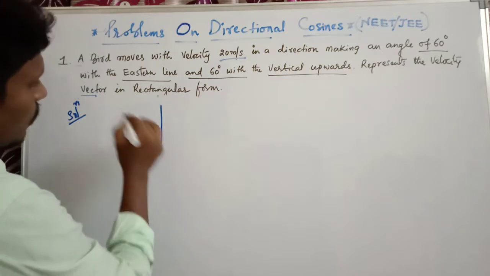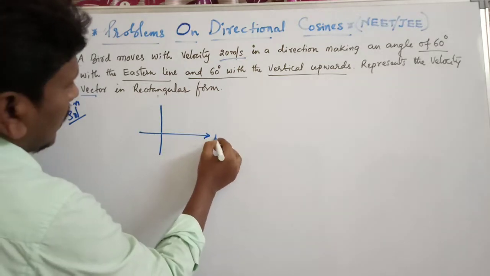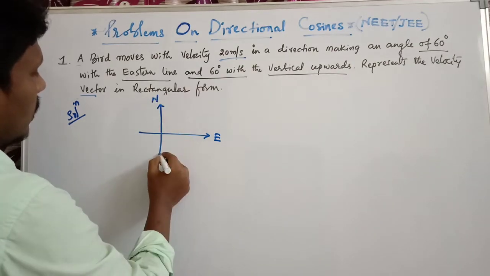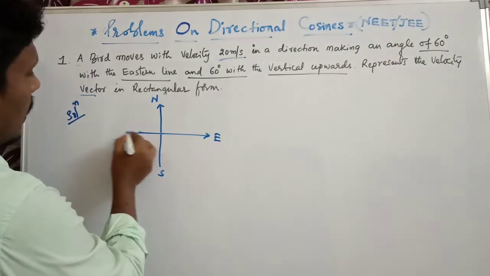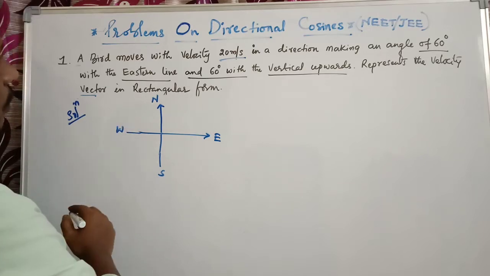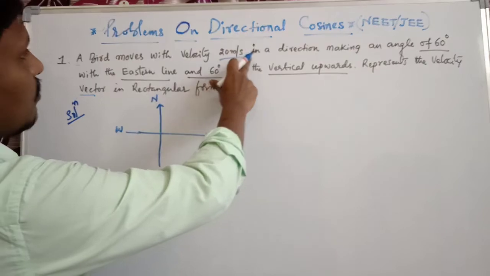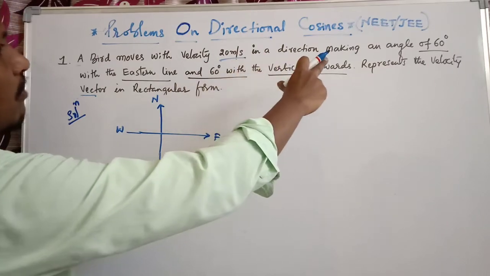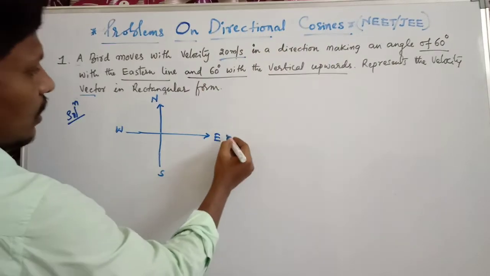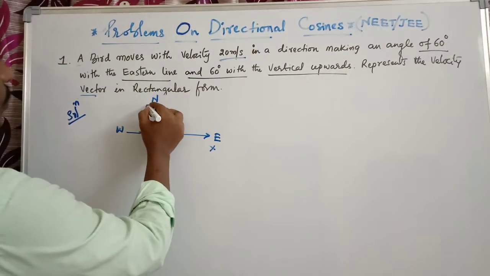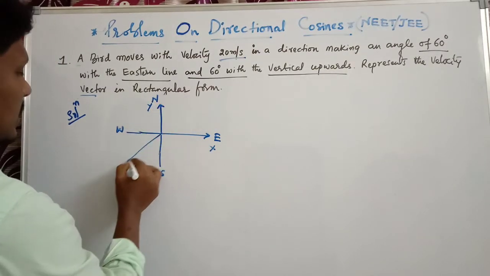Let us consider this is east, north, and this is south and west. So a bird is moving with a velocity 20 meter per second. Let us consider the x axis as east, the y axis, and this is the z axis.